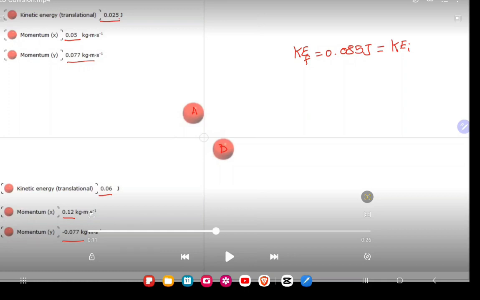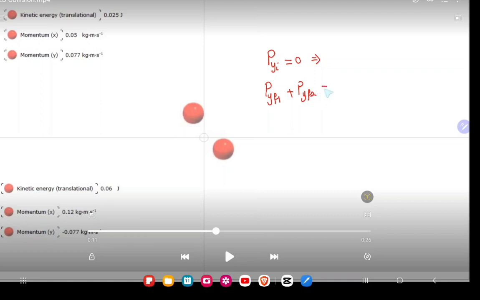Momentum on y before the collision is equal to 0, which means the only momentum we have is after the collision. So both balls should have equal and opposite momentum: py final for the first plus py final for the second equal to 0, which exactly matches what we just got here, 0.077 minus 0.077 kilogram meter per second.